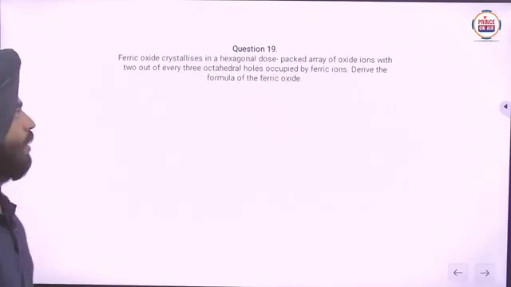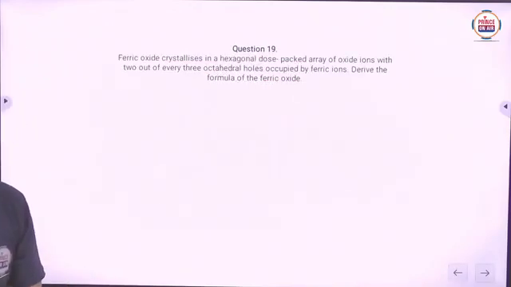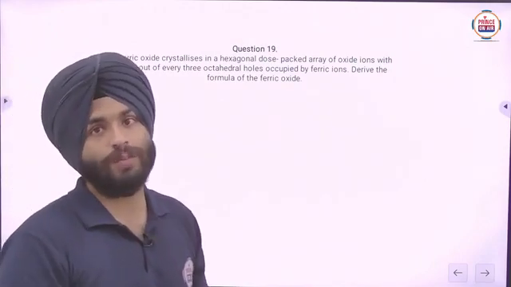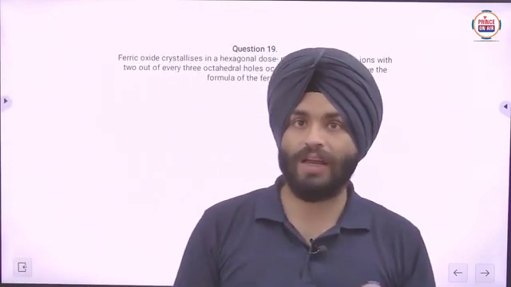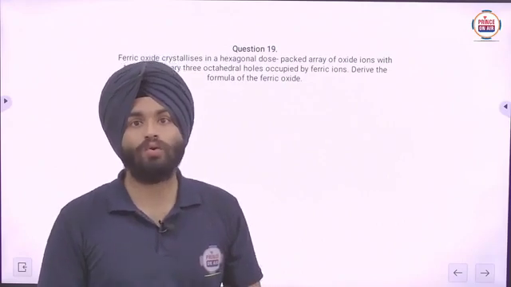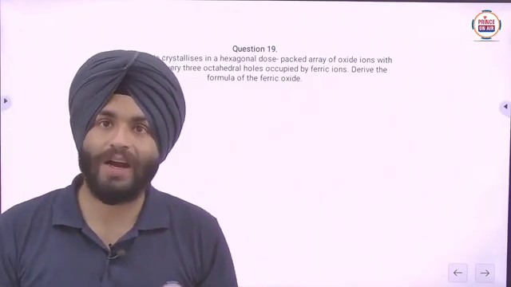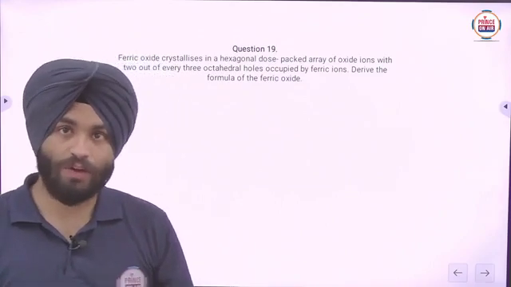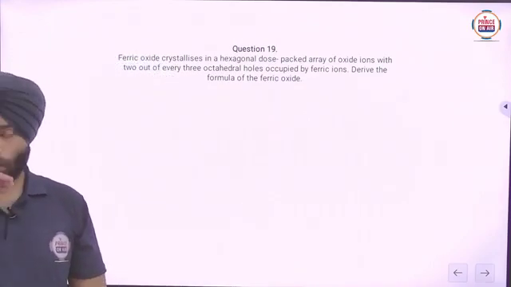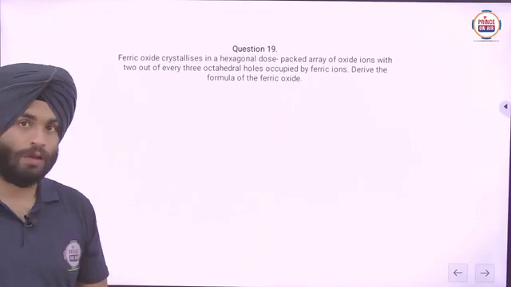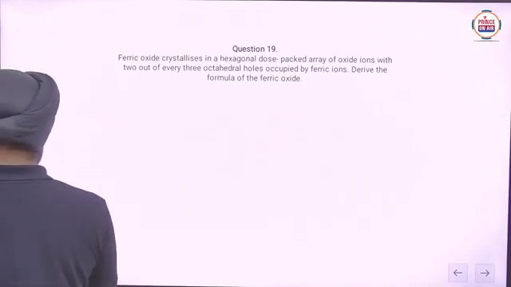Next is: ferric oxide crystallizes in a hexagonal closed pack array of oxide ions with 2 out of 3 octahedral holes occupied by the ferric ions. Derive the formula of ferric oxide. Okay, so now here you can see this.